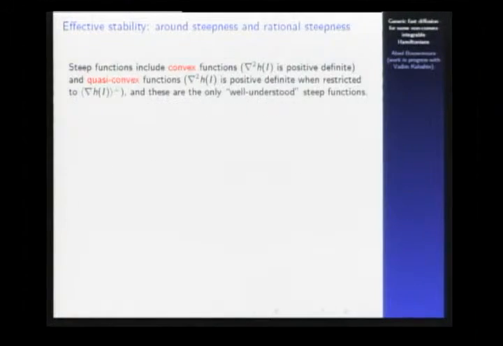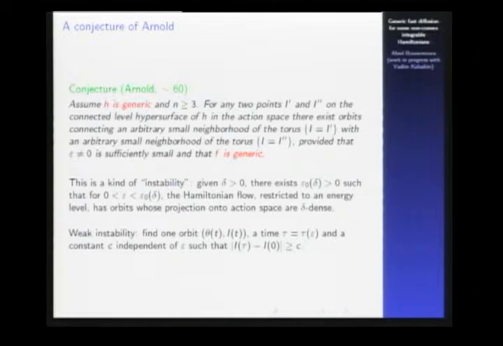Let me go back to instability in the sense of Arnold. This is what he wrote, this is what I wrote, this is what some other people wrote also. And this is weak instability. Here you just have one solution that moves from its initial condition by some constant independent of epsilon. And here you have much more. If you give any two points, you can move very far, in all directions, basically.